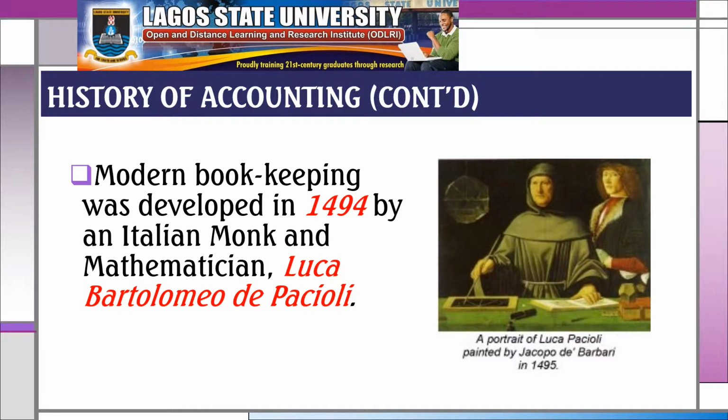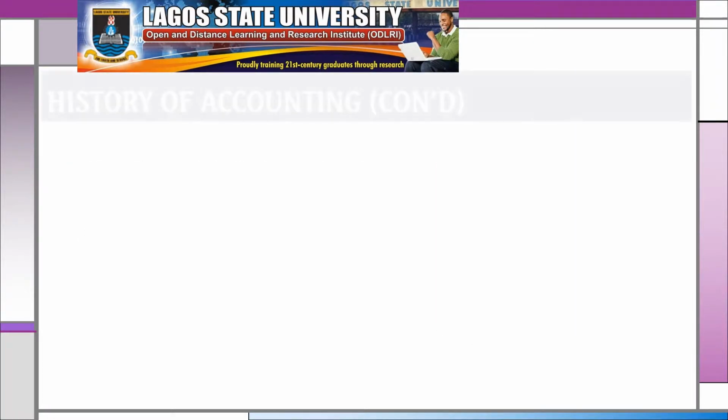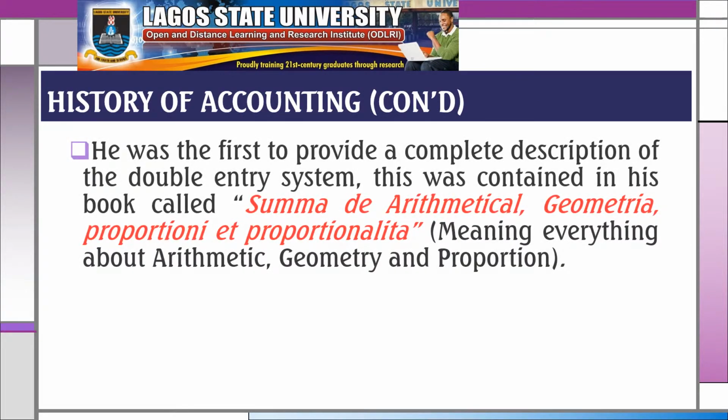I want to bring this to you that people refer to him. If you look at the picture that I put there, the portrait, Pacioli happens to be, like I've mentioned, a monk, a priest for that matter. When he prepared a book, he came up with the idea that the book should cover something in accounting.